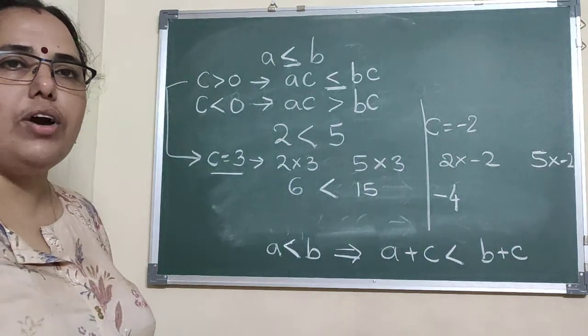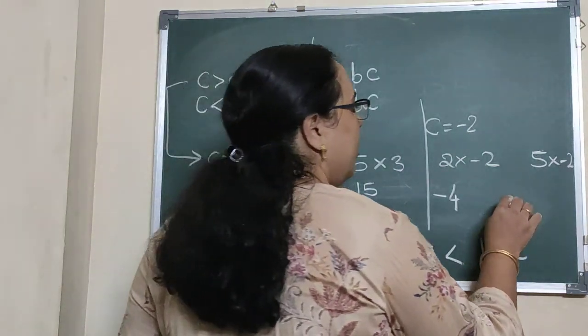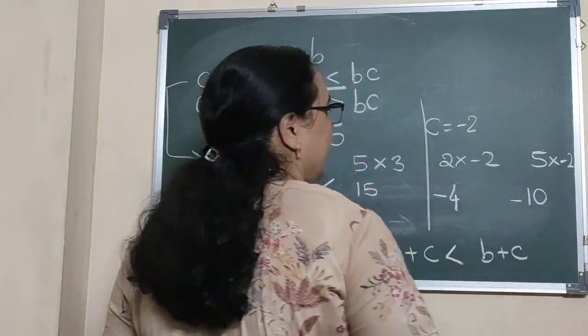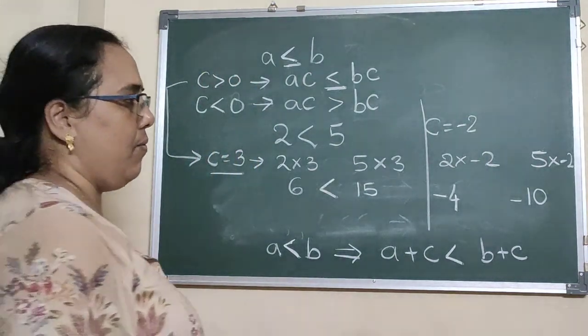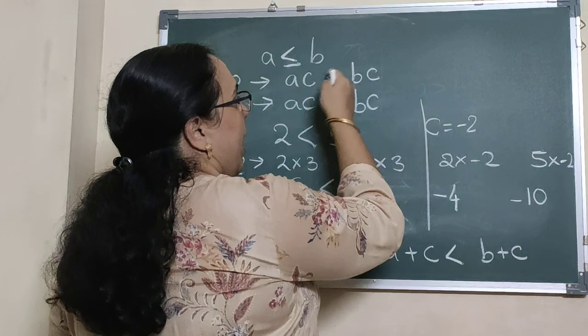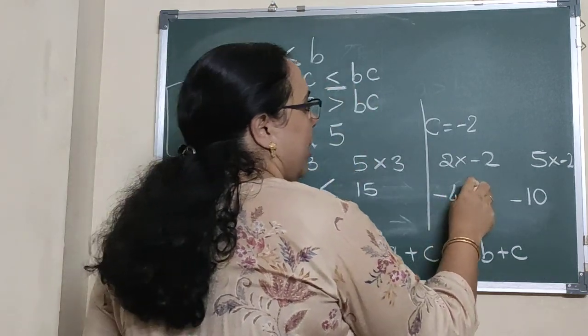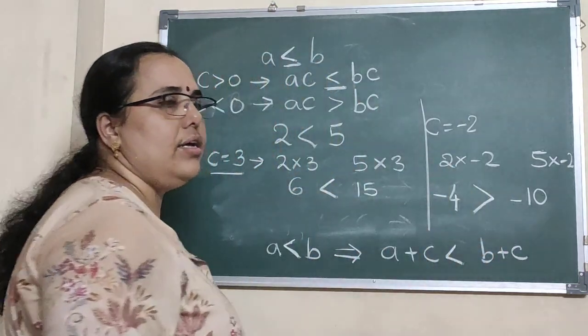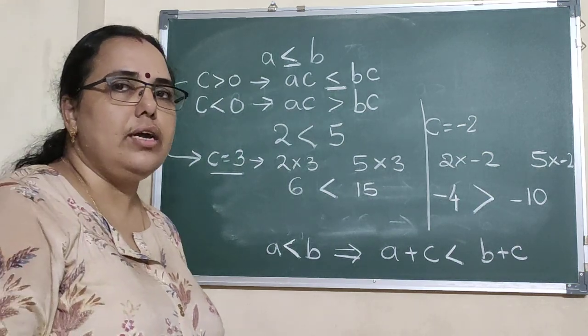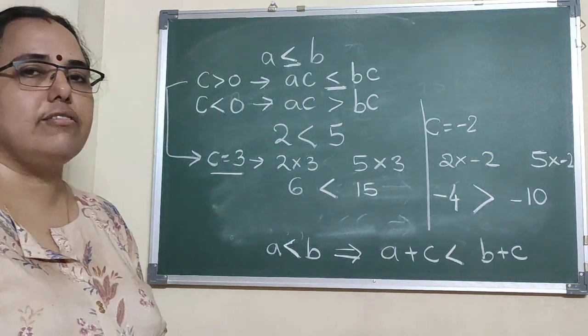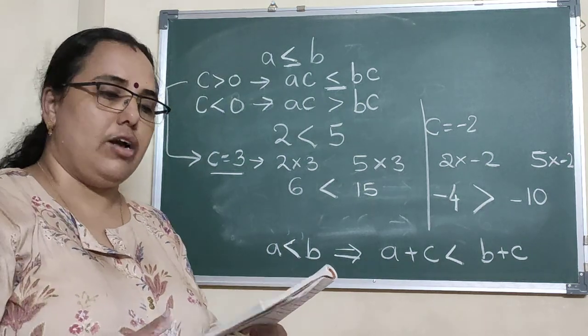Correct. What is 5 into -2? -10. Now tell me which number is greater. What has happened now? This has got reversed because -4 is greater than -10. If you understand this concept, it will help you to do the further exercise sums much faster.